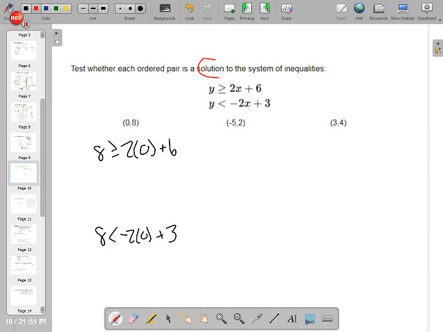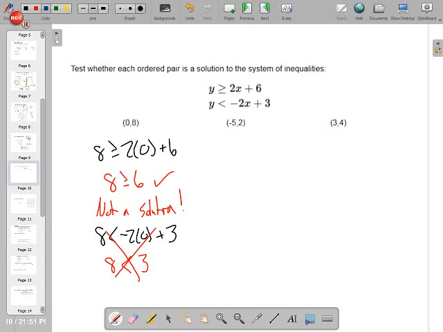If it works in both, then it's called a solution. So is 8 greater than or equal to 2 times 0 plus 6? Yeah, that works. Is 8 less than -2 times 0, which is 0, plus 3 is 3? Wait a minute. 8 less than 3? Nope. Since it doesn't satisfy the second equation, this is not a solution to the system. So you can say, no, it's not a solution to the system.